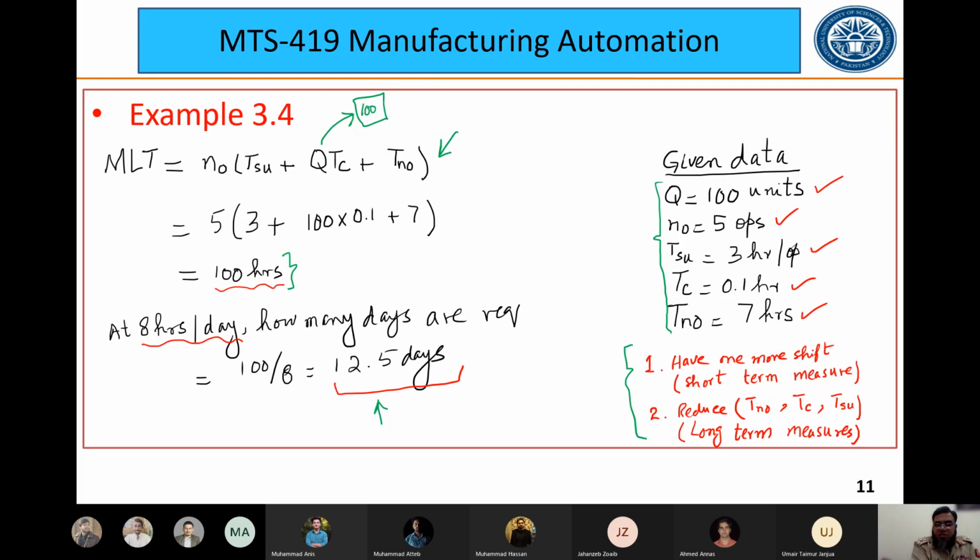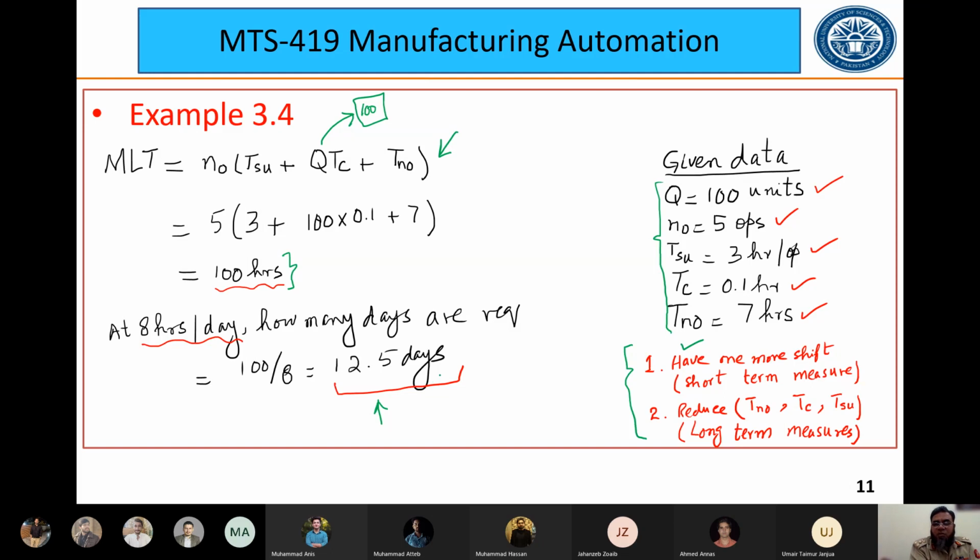So the first thing is very easy, that as a short-term measure, what you need to do is that you have one more shift. So if you start having one more shift per day, what would happen?